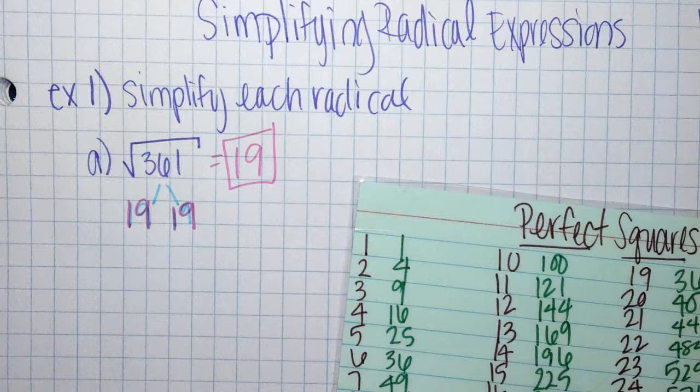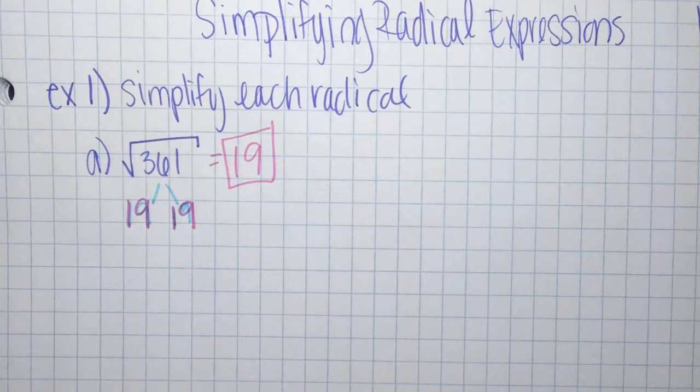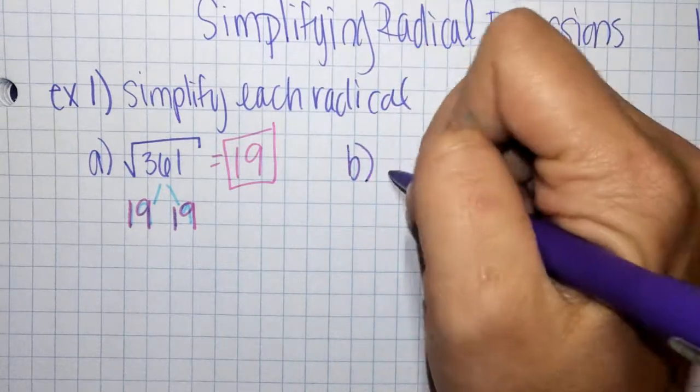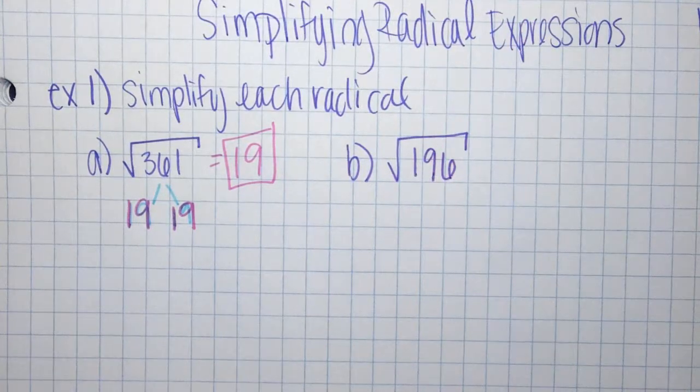Wait till you get to the hard part. Listen, you just do the same thing. You just find 2 of the same number. So what if I gave you the square root of 196? Look at your perfect square card. Don't yell it out.